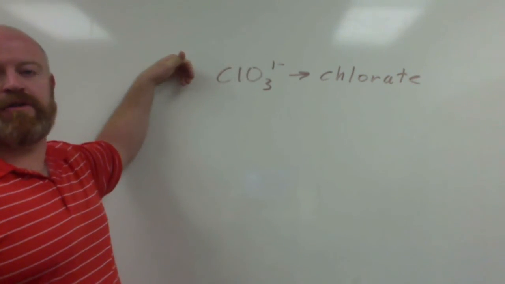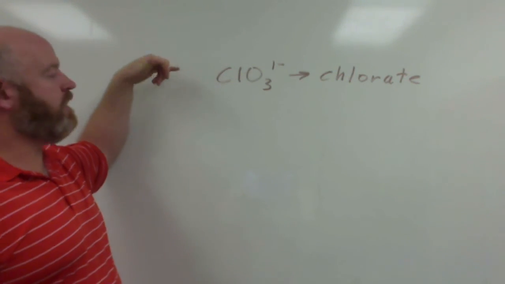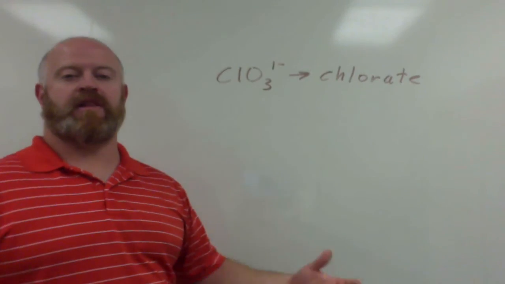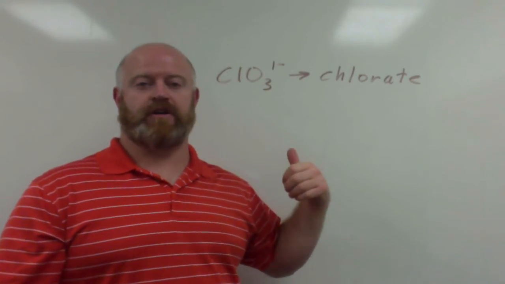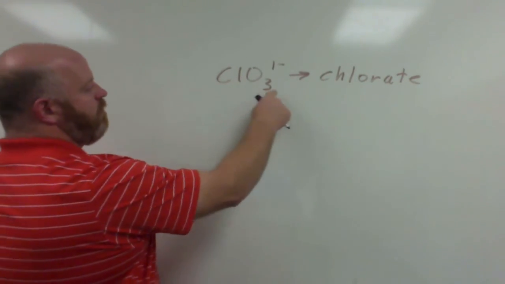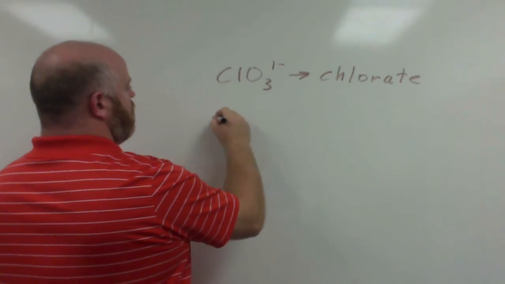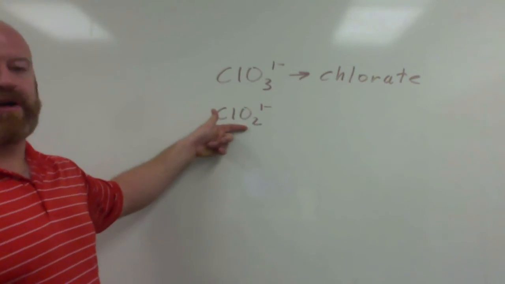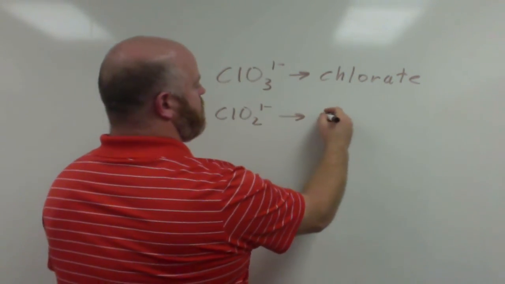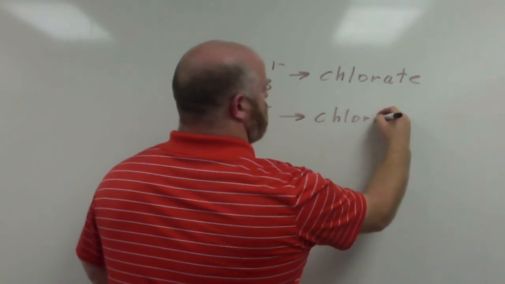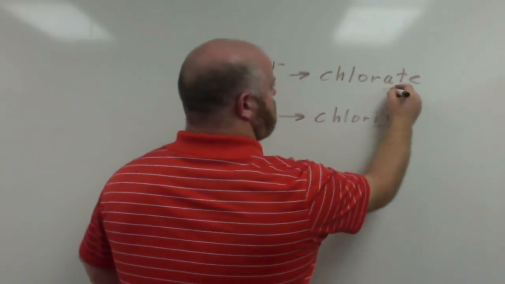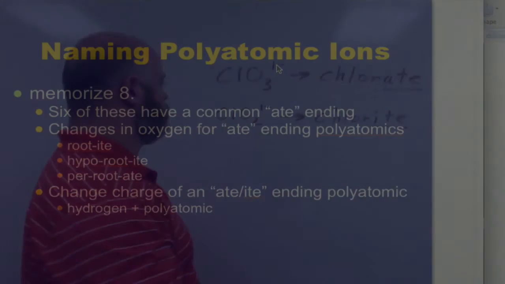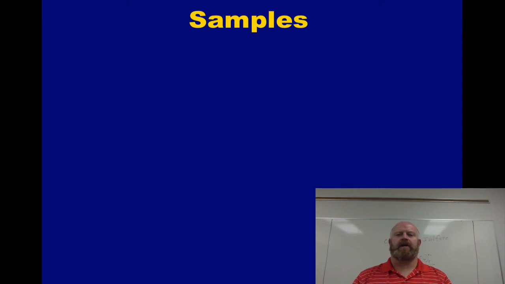This is one that you'll have to have memorized. Now, once you know chlorate is ClO3 1 minus, you can figure out a lot of other ones based off of this root. So if you have ClO3 1 minus is chlorate, ClO2 1 minus, so if we reduce the oxygen by 1, we change the name slightly to chlorite instead. So your ites are always minus 1 oxygen. Okay guys, that ends this segment on polyatomic ions.